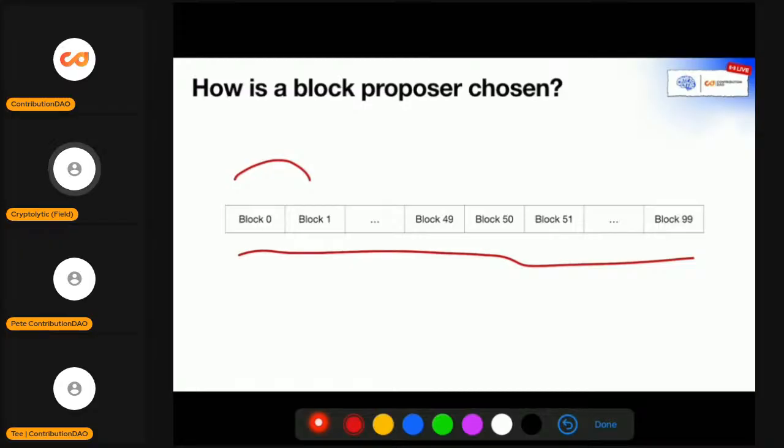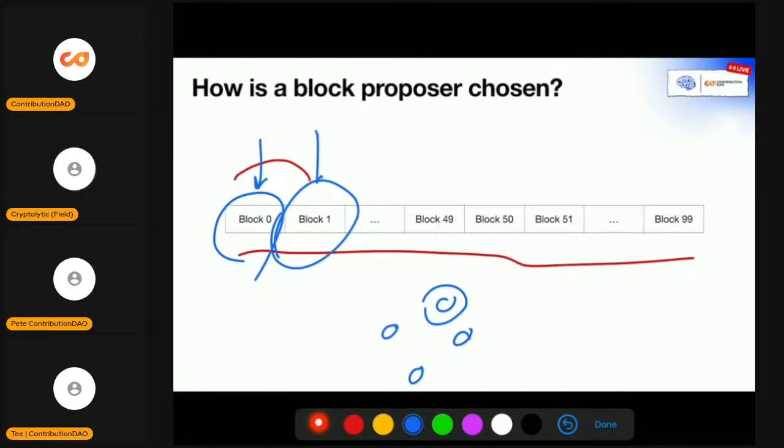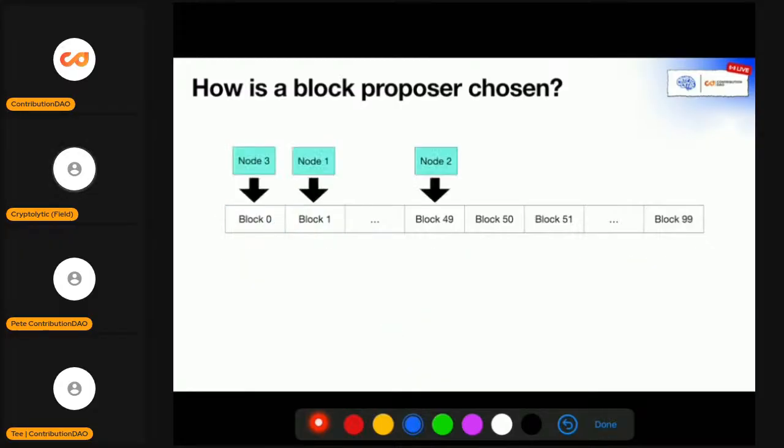Now, what we want is that given a set of validators, we want to assign them who is going to propose block 0, who is going to propose block 1, who is going to propose block 2, and so on and so forth. Right? And that is the idea.